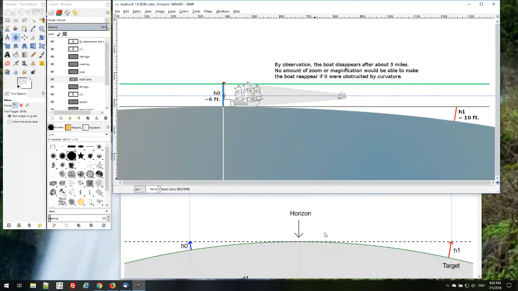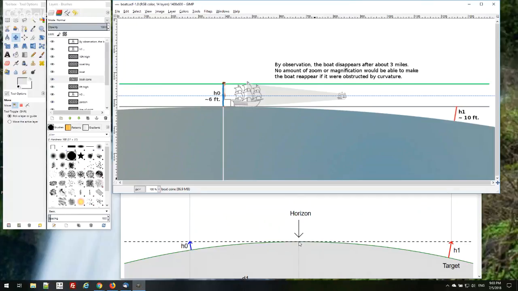So curve calculators are all based upon an incorrect placement of the observer and an incorrect eye angle of the observer. It has to be that way, so they work out why things disappear at 3 miles at a 6-foot eye height, or why that's not necessarily where they disappear, but the height at which the horizon is, or the distance of the horizon, sorry.